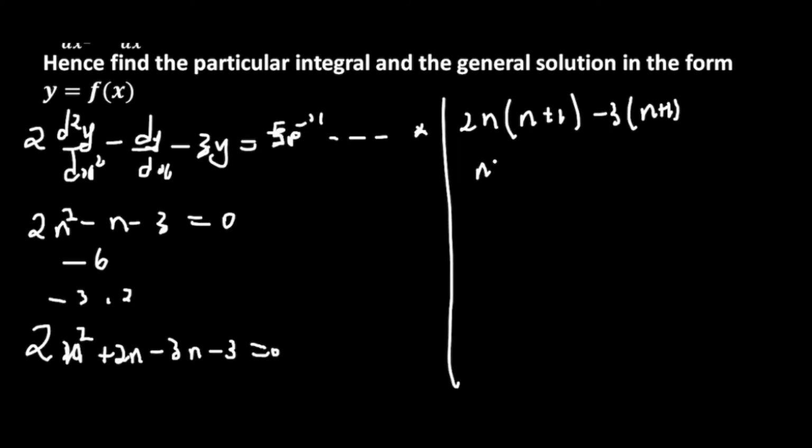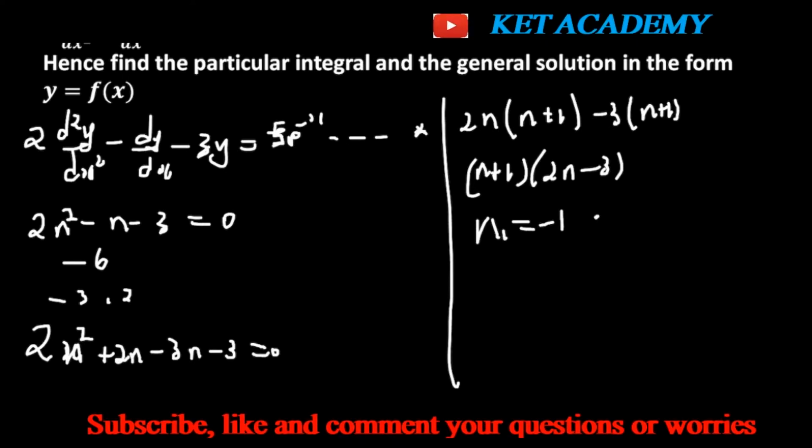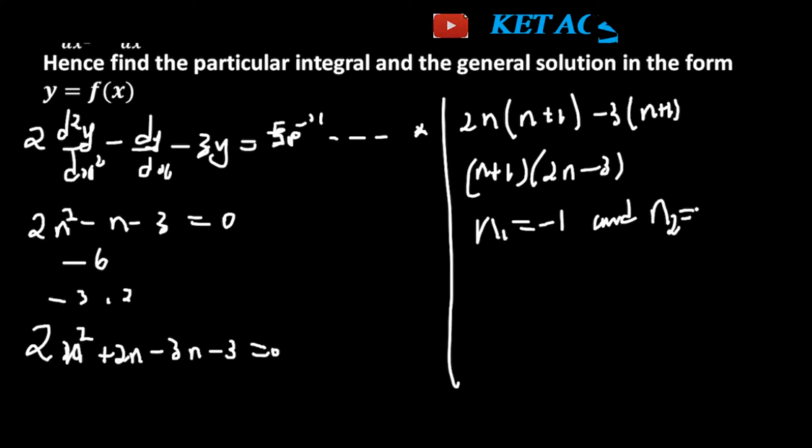You see n plus 1 is common, so we're going to have 2n minus 3. So clearly our n1 should be minus 1, and our n2 should be 3 on 2 basically. So that's our n2.